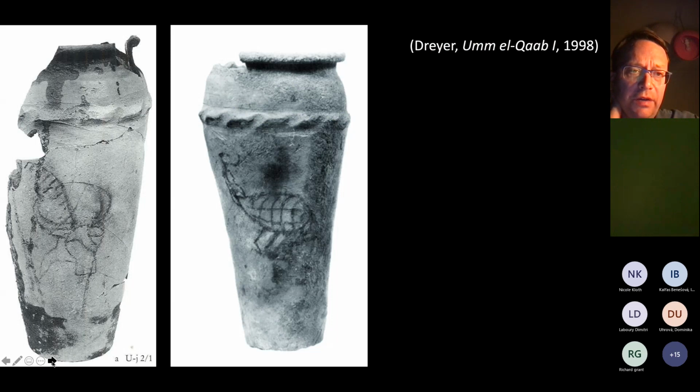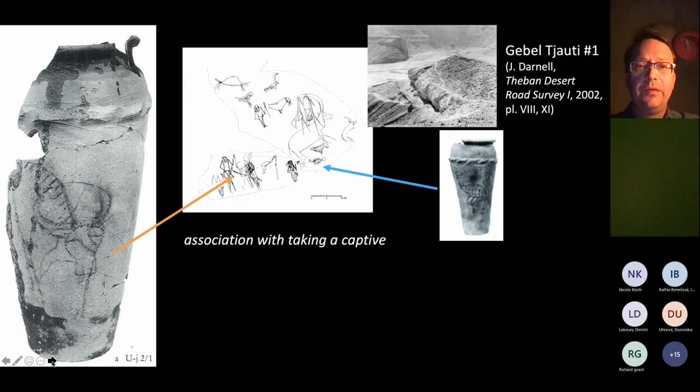Now turning to the way we handled the vessels, the scorpion we already had. So on the left-hand side, you also have a bucranium on a pole. This, you find it in rock art, Jebel Chauti, for example, associated with the scorpion. Observe also the long-legged waders, these birds, saddle-billed storks. We'll see more of them later on.